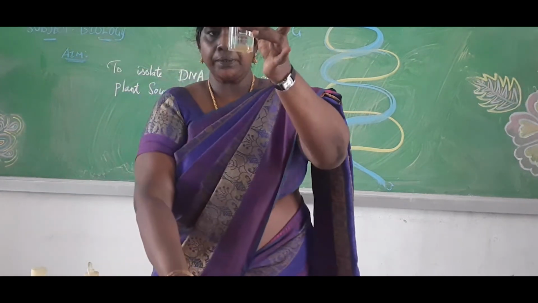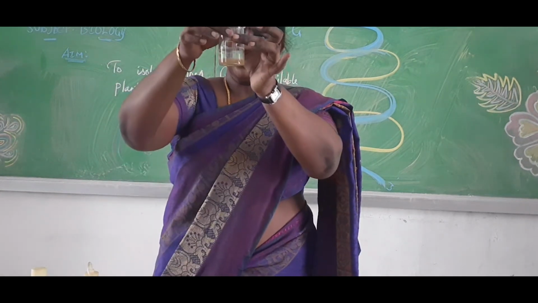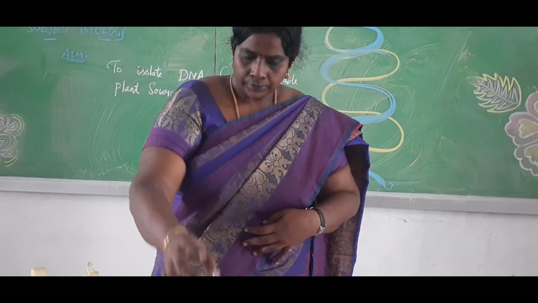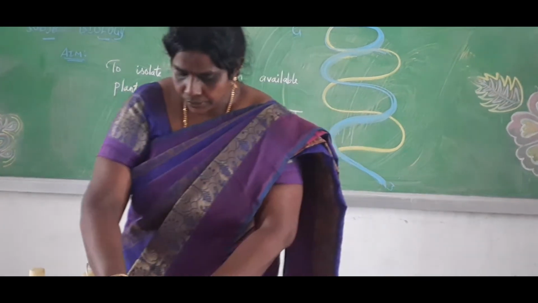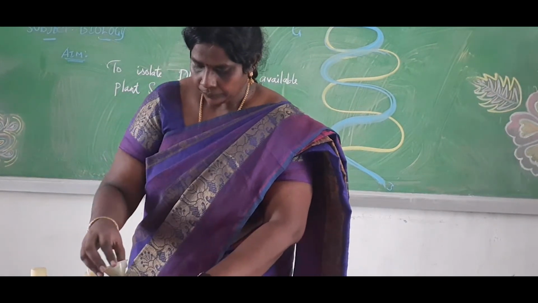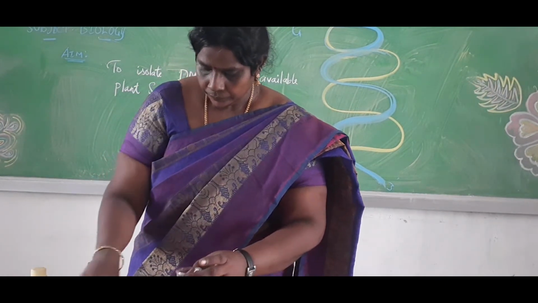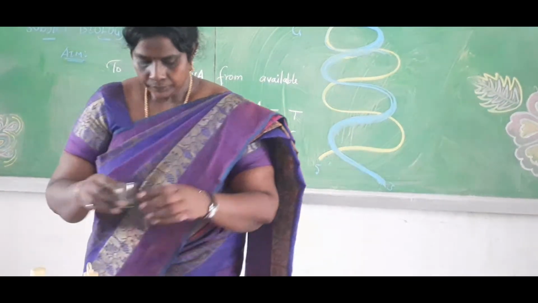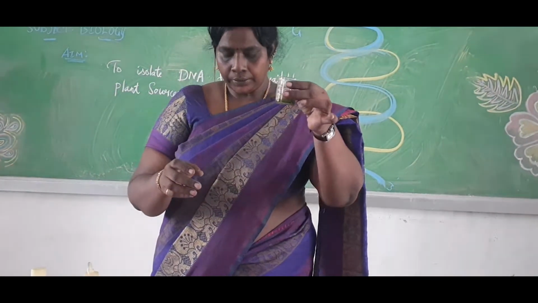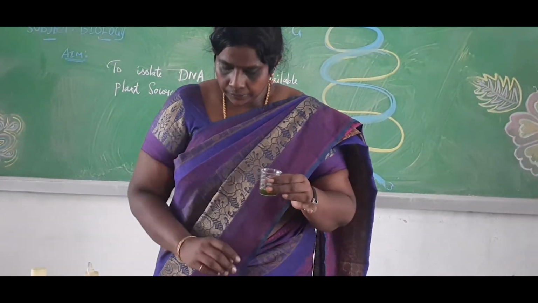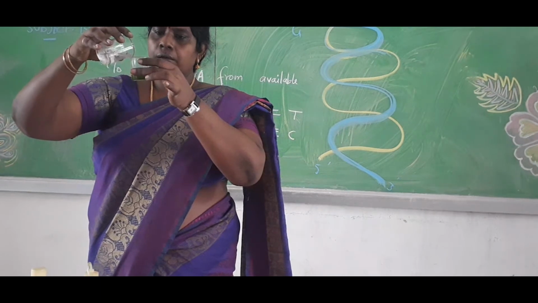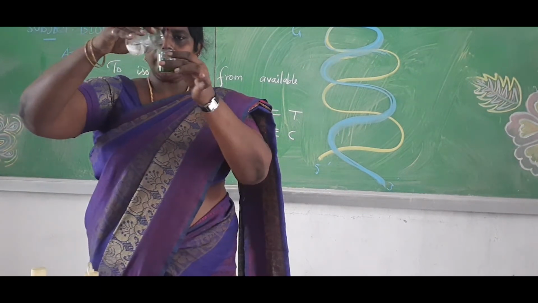Now see the precipitation, children. The residue settled down. Like that I can take one more solution which I extracted from the plant resources. Then I add this chilled ethanol. Very gently you have to add.